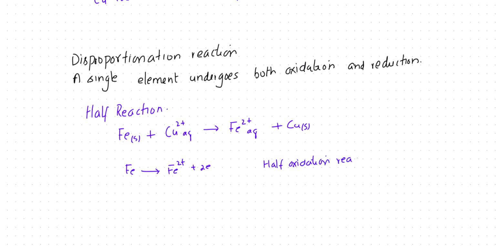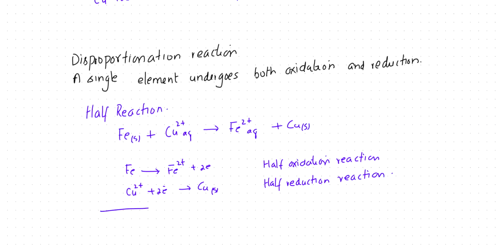Another half reaction is Cu2 plus gains these 2 electrons and is reduced to copper neutral atom. So this is the half reduction reaction. And if we add the two, then the 2 electrons cancel on the left side and right side.